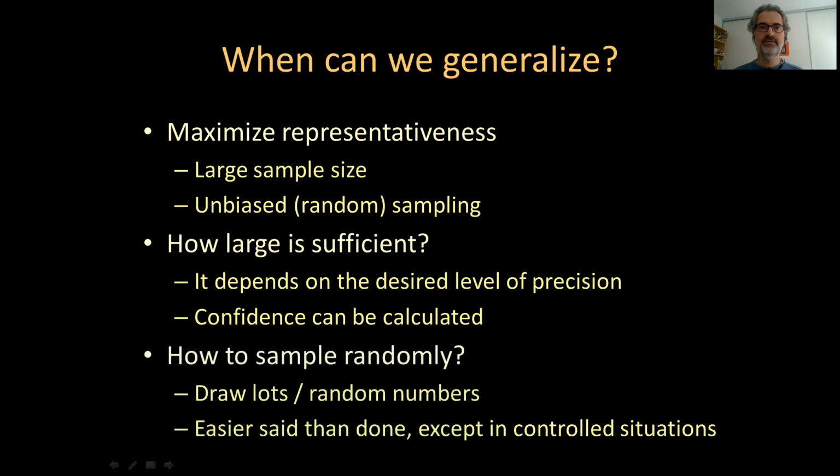And then we have to find out how to sample really randomly. The only way to sample randomly is with a procedure such as drawing lots or using random numbers. The Lotto procedure with all these little balls in the big rotating bowl is one method for random sampling. Computer-generated random numbers are also fine.